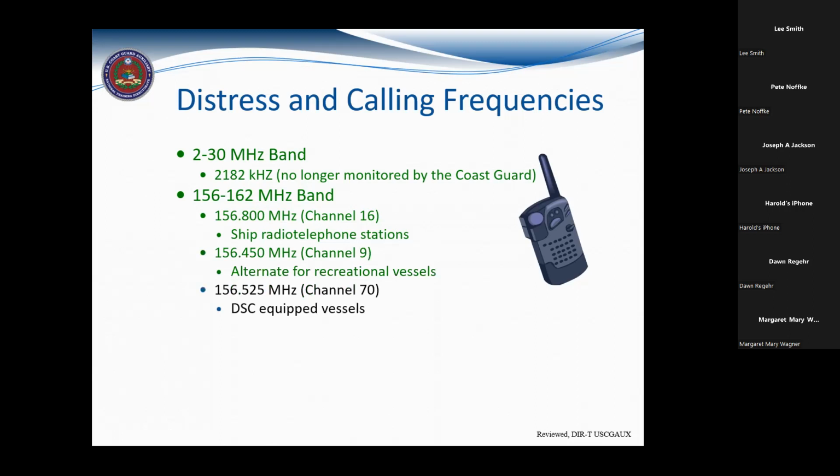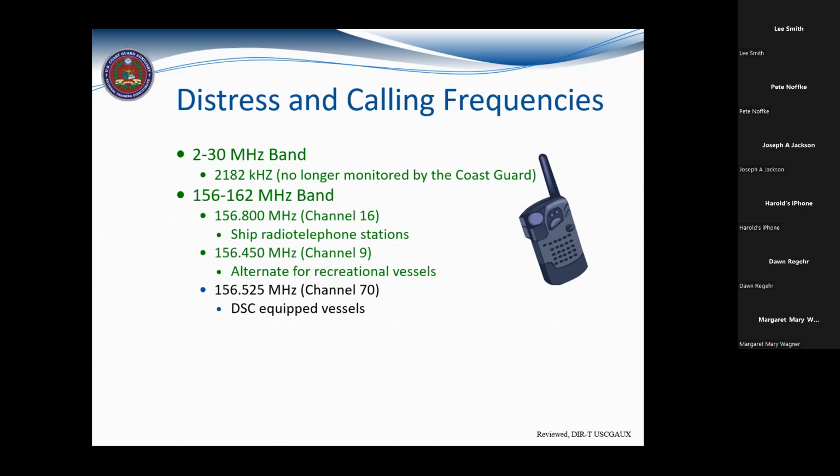They have developed a new communication system, which is a data transmission called Digital Selective Calling, DSC. DSC uses channel 70 to transmit bursts of data to convey information about safety, particularly distress. And all of the new radios that have been issued in recent years are equipped for DSC transmissions on 70.